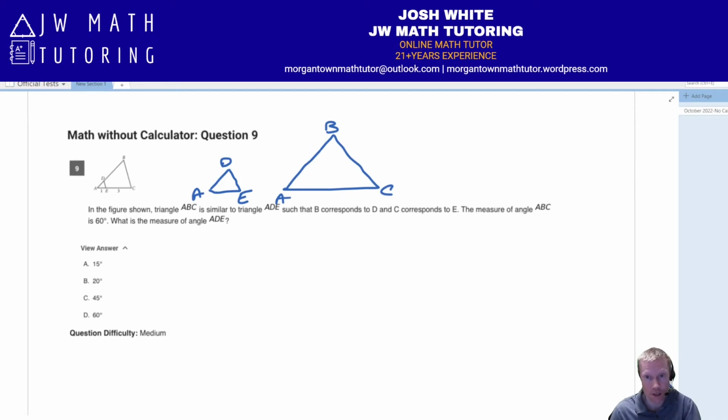So that means if this angle up here is some measure, then whatever it is going to be the same for this yellow angle as well. And then similarly, these two angles would have the same measurement, and A, of course, would be the same because it's shared among both of them.